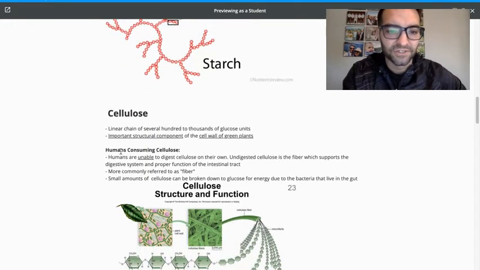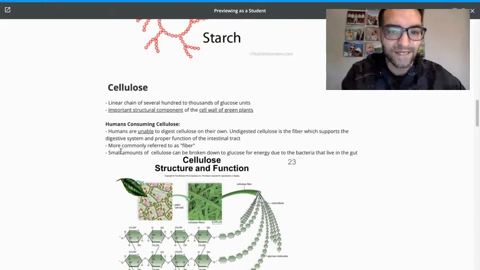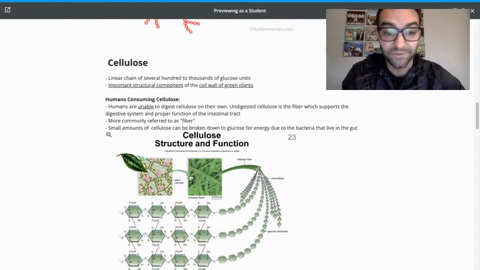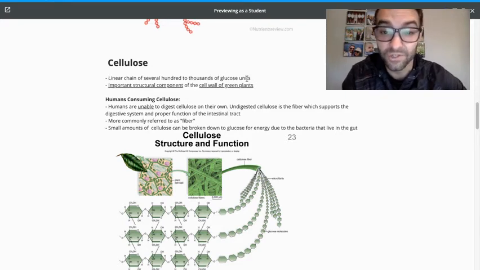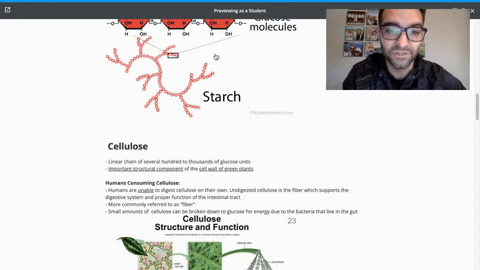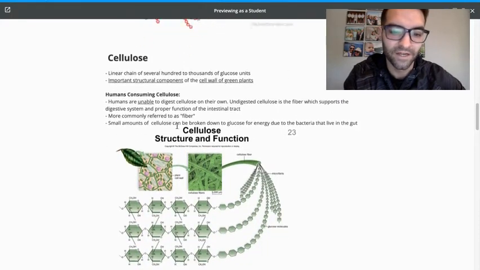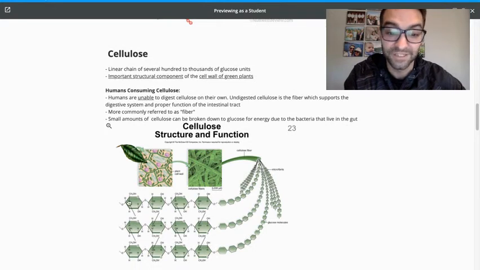Then we have cellulose. So cellulose, again, this is not really pertaining to people, as you can maybe predict from the image here, but it is a formation, again, of several hundred thousands of glucose units, very similar to starch, but you see how starch has these off branches. Cellulose will be almost very specifically these straight strands, just a chain.